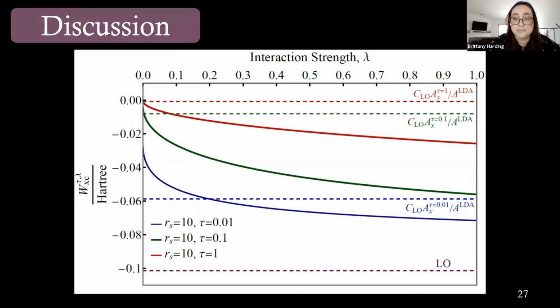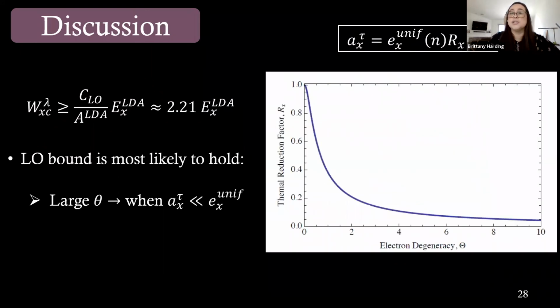So one step to finding some sort of inequality that bounds the finite temperature exchange correlation energy is to look at a situation where the original Lieb-Oxford bound is most likely to hold.